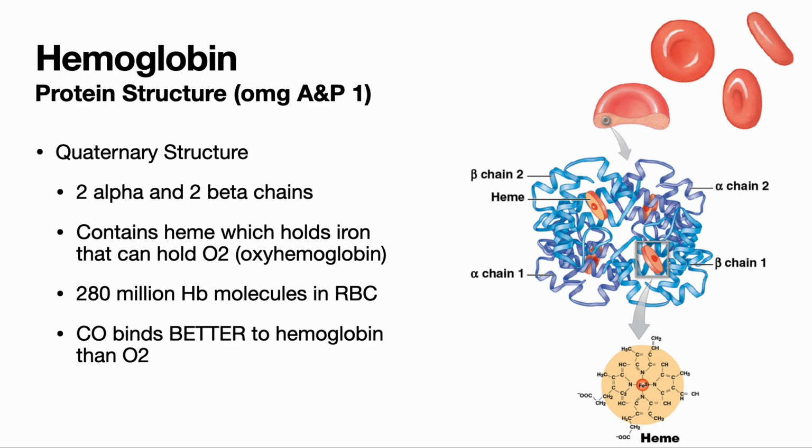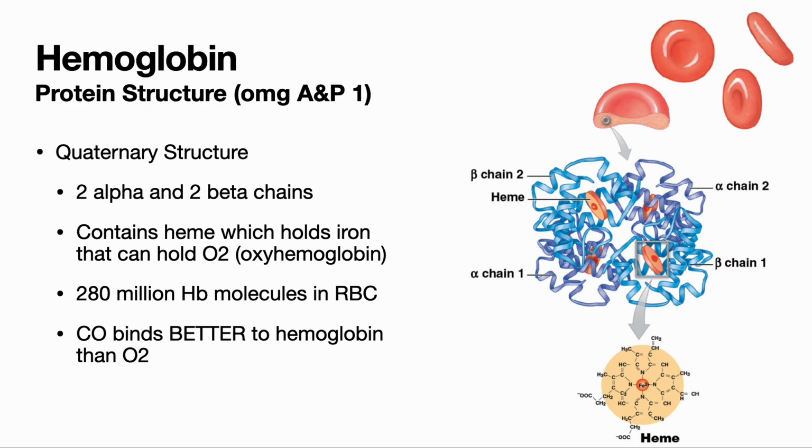When oxygen binds to iron on the heme, we call it oxyhemoglobin, and it does change color, and that's connected to the fact that it's a pigment. You have about 280 million hemoglobin molecules in each red blood cell. There are just so many because that's how important oxygen is. But here's what's really fascinating.